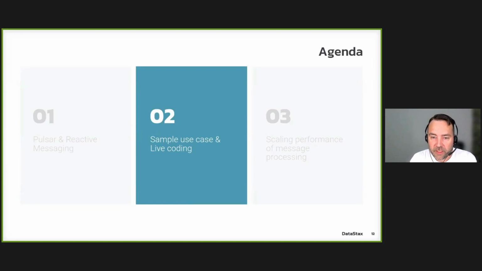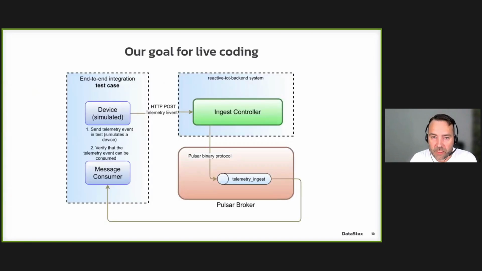So then into the live coding. To make it easier to follow the live coding exercise, I'll show a little bit of the system context for what we'll be doing. These blue boxes are the parts where we will be writing some code.